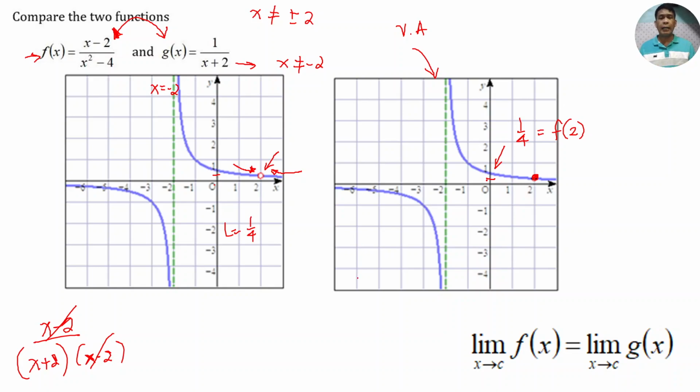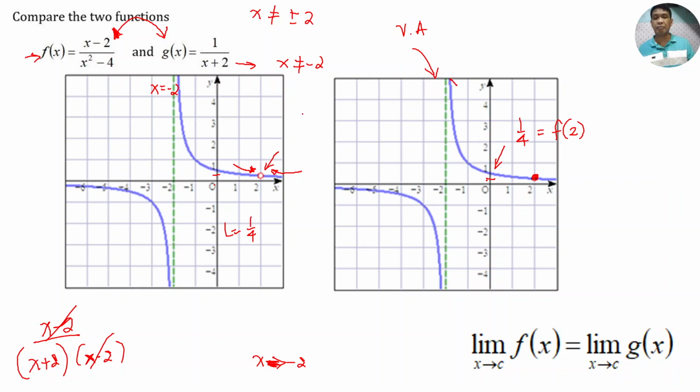But what if kung i-check natin siya as x approaches negative 2? Investigate natin yung function value at x approaches negative 2. Since asymptotic ito, as it gets nearer, it gets closer and closer to that particular line, but it will never cross or touch such boundary line.